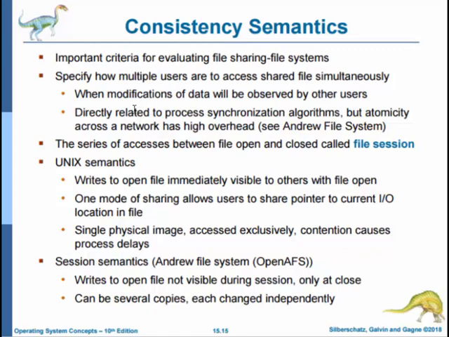In particular, they specify when modifications of data by one user will be observable by other users. These semantics are typically implemented as code with the file system. The consistency semantics is directly related to the process synchronization algorithms we have discussed. I believe it's in chapter 6.